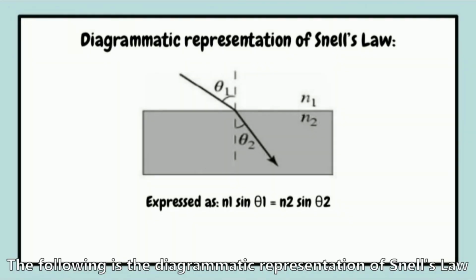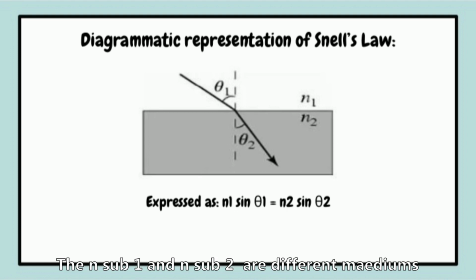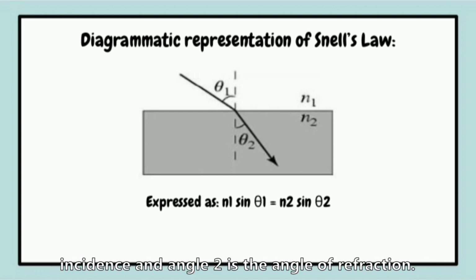The following is the diagrammatic representation of Snell's law, expressed as n sub 1 sine angle 1 equals n sub 2 sine angle 2. The n sub 1 and n sub 2 are different mediums that will impact the refraction, while angle 1 is the angle of incidence and angle 2 is the angle of refraction.